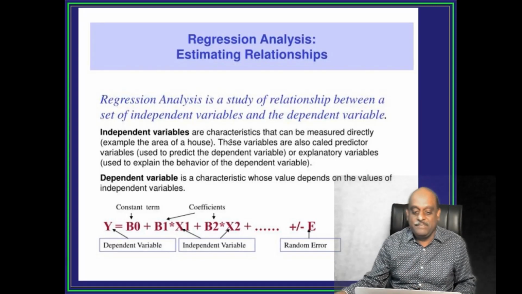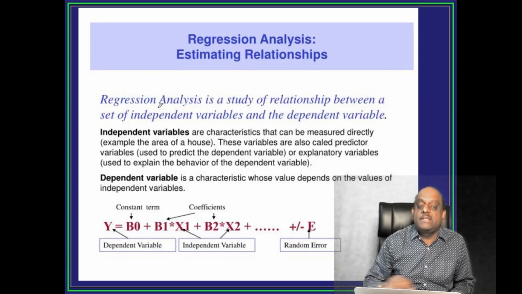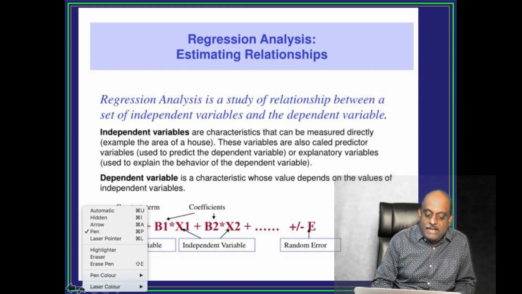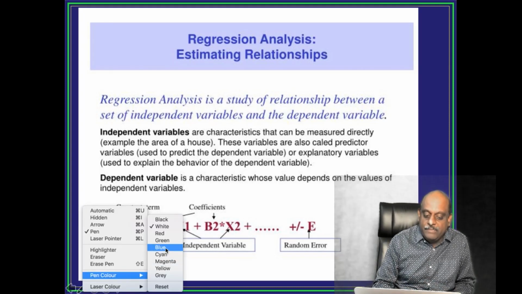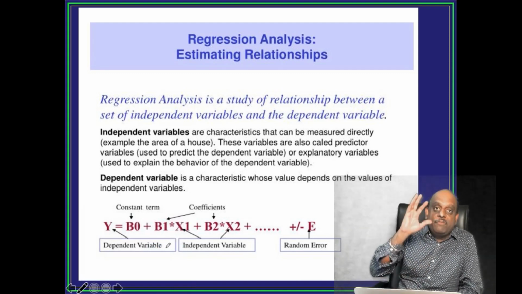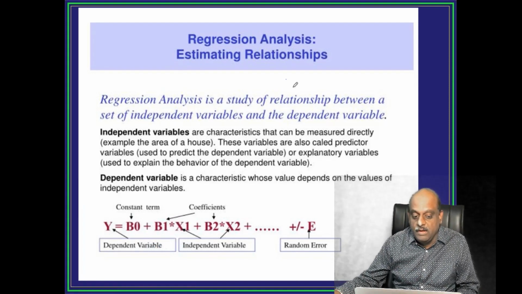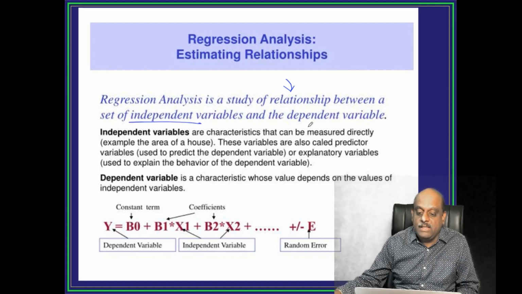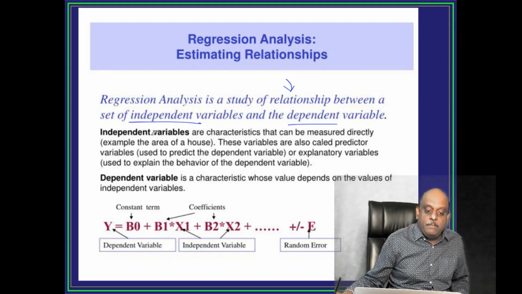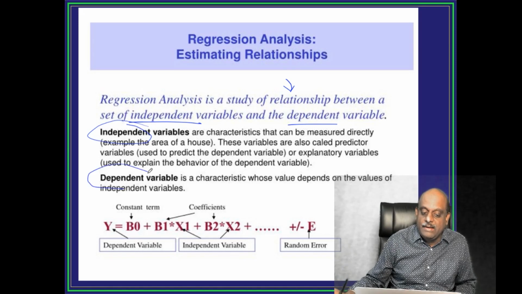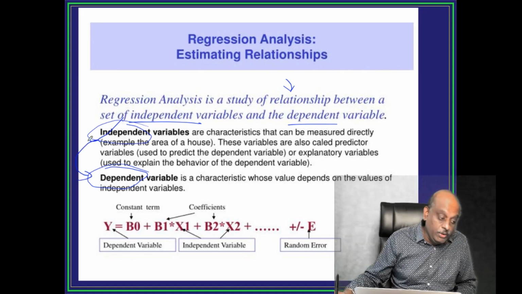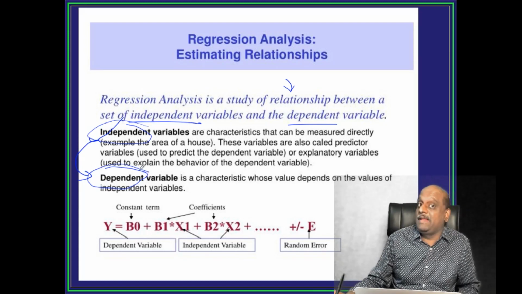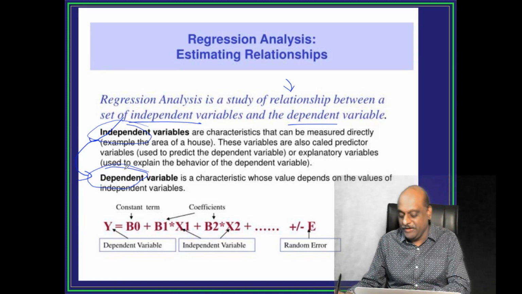Coefficient of regression. So regression analysis is basically a study of the relationship between a set of independent variables and dependent variables. Independent होता है etiological, dependent होता है outcome. अगर आपको एक variable मालूम है तो regression coefficient का इस्तेमाल करके you can calculate the other variable. Gotcha? Good.